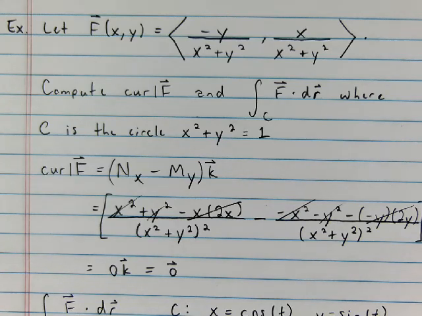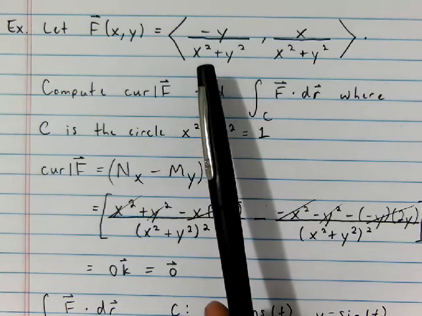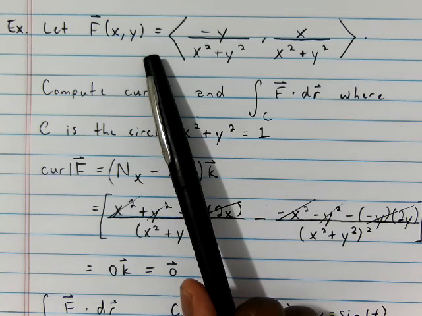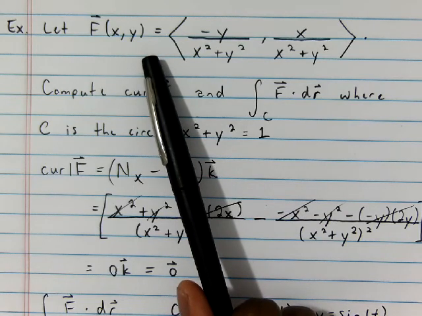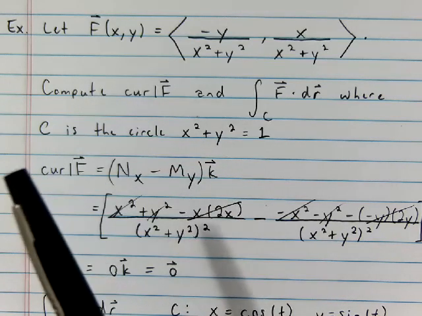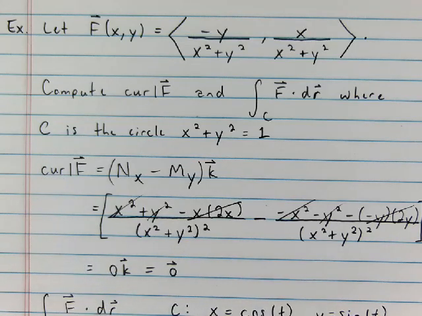What I'm trying to get across is to make sure you pay close attention to the domain of your vector field before you go into using the curl of F is equal to 0 and assuming that you have a potential function, or that you're independent of path, or that over a closed curve you'll get 0 if you evaluate the line integral.